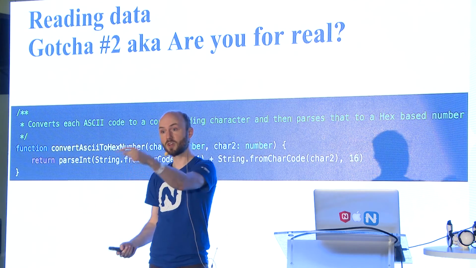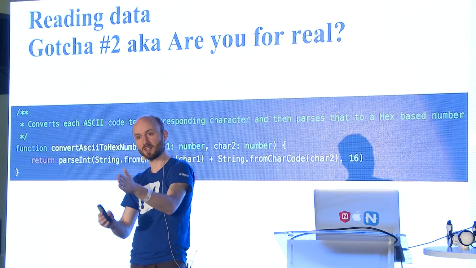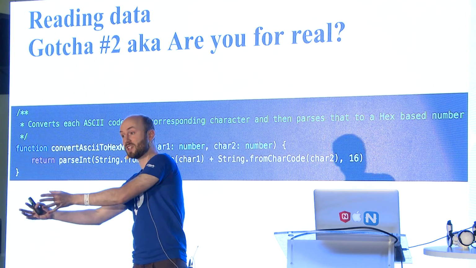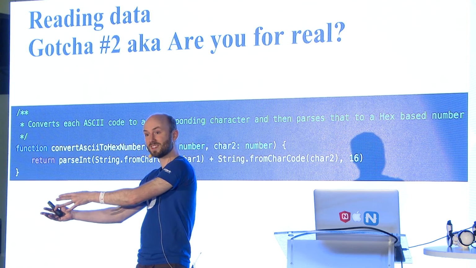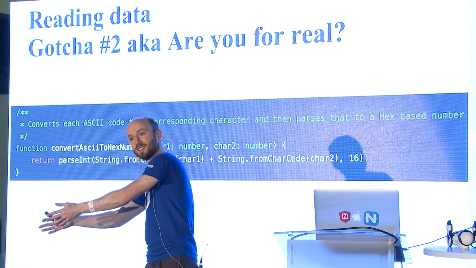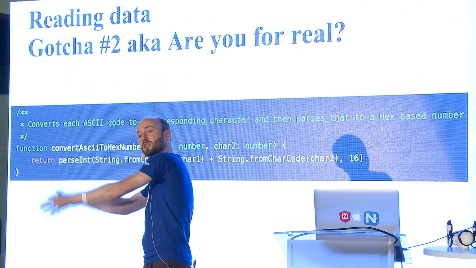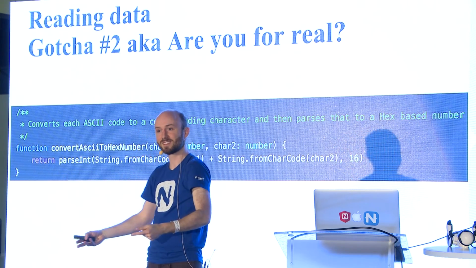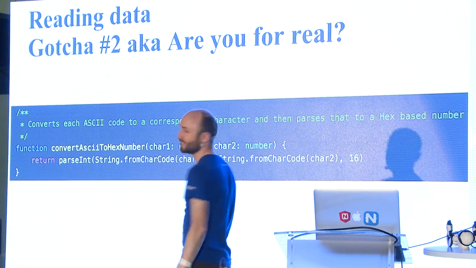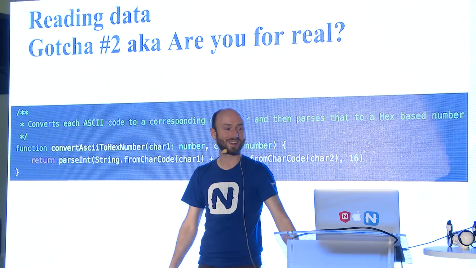If I converted these ASCII numbers into characters, I got a number in a string. And then I had to parse the string into a number, right? You with me? So I was getting a bunch of numbers, converting them to a string to get a bunch of numbers, and then converting to strings to display it on the screen, just for fun. And then I was like, well, yeah, I can do it. Clean code, sort it out.